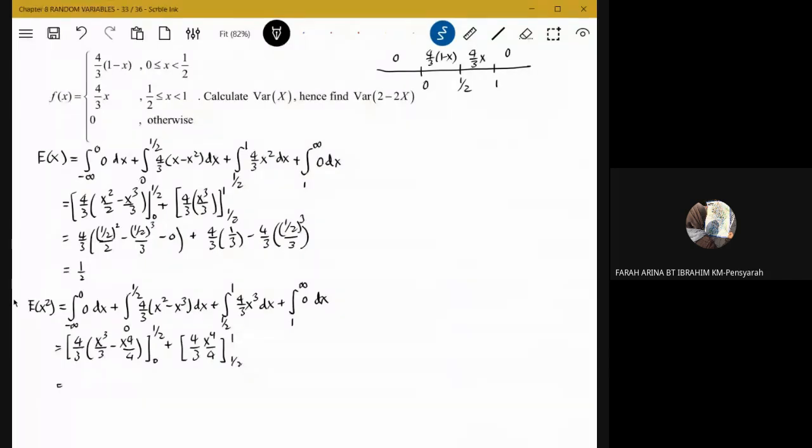So substitute the value half, 1 and half here. So we're gonna have 1 over 24 here, 1 over 20, it should be 64.